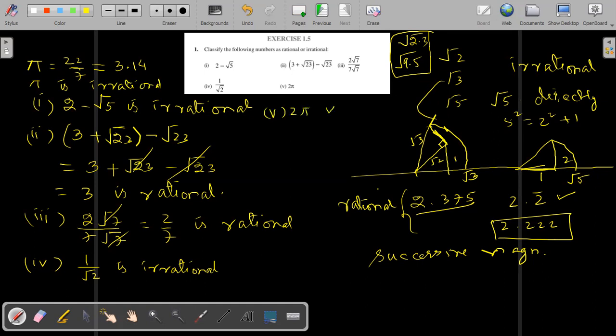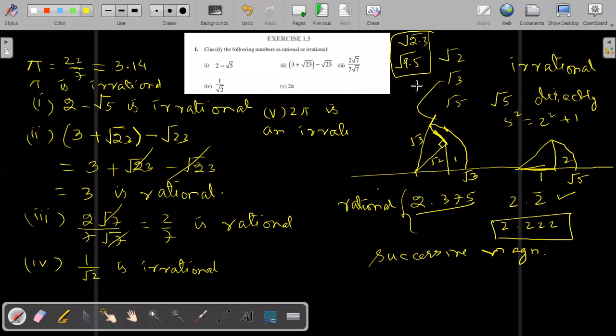So that's why 2 pi is an irrational number. How is pi irrational? Very good question.